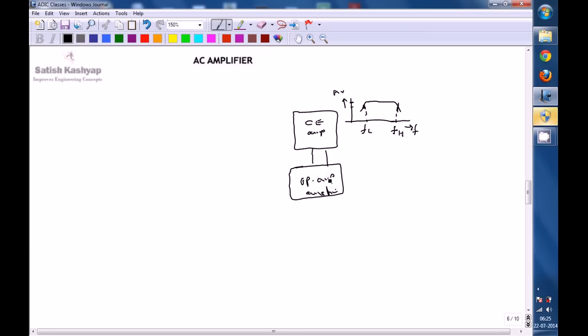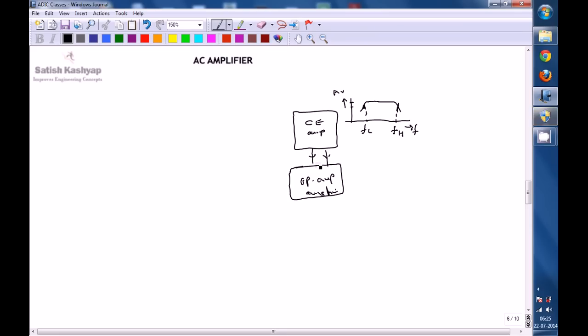By that time this operational amplifier has to amplify only the frequency range provided by the CE amplifier. It should not amplify the DC as well as low frequency signals. Everywhere some noise will be present, and if a DC component is inserted at that time, it should be blocked.